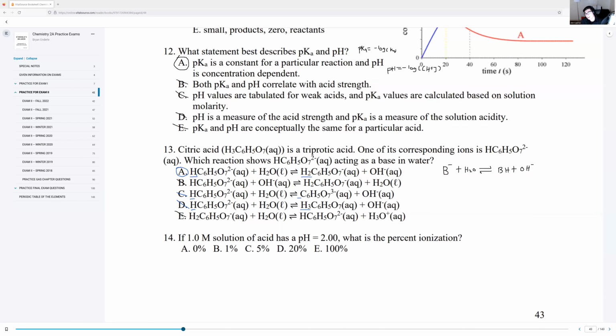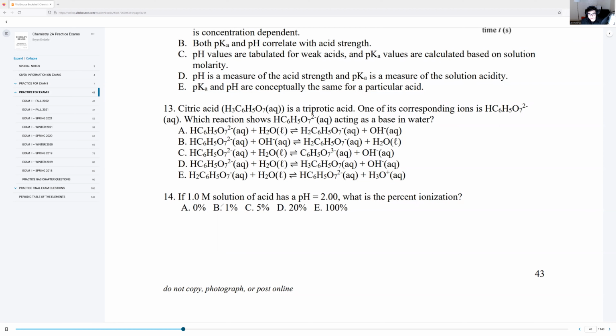Number 14, it says if a 1 molar solution of acid has a pH of 2, what is the percent ionization? So this is from our discussion worksheet. The percent ionization is the concentration of hydrogen, assuming that the concentration of the solution is sufficient.